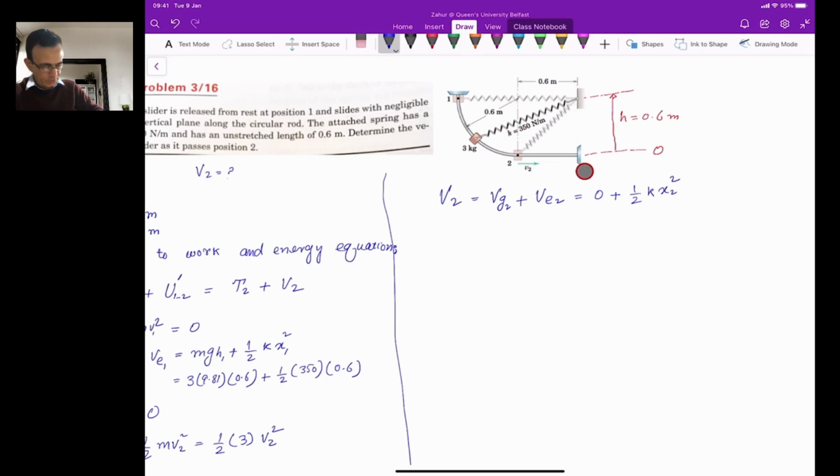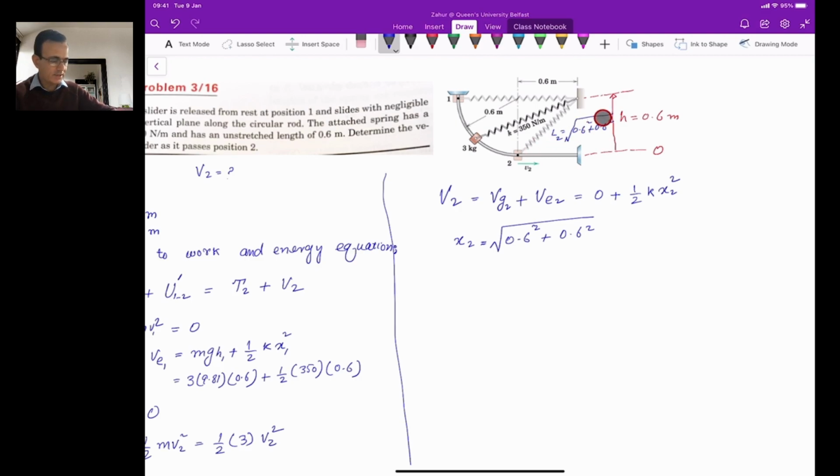So the current length, if you call this L2, will be the square root of 0.6 square plus 0.6 square.